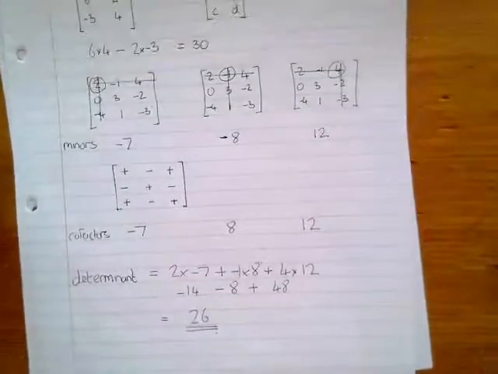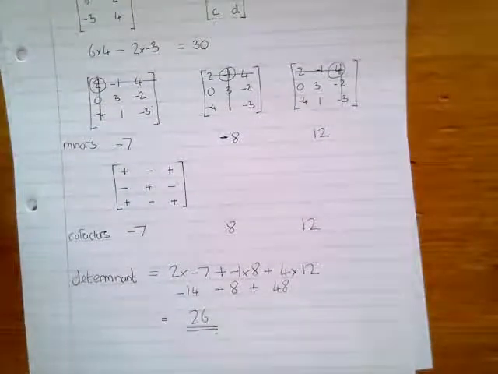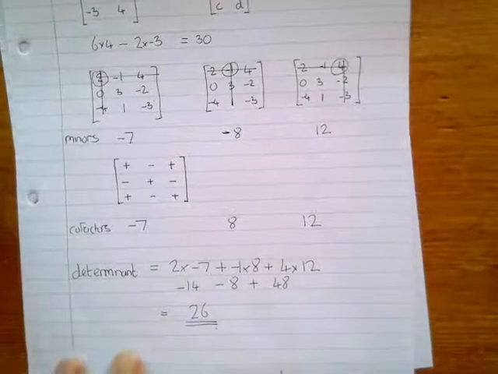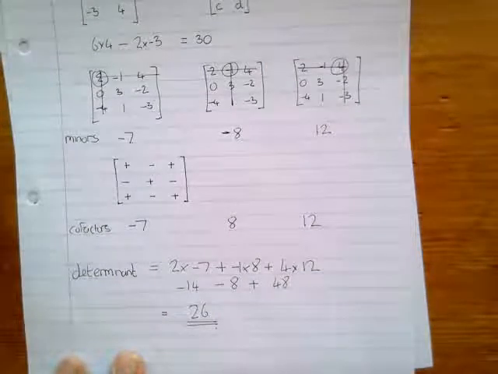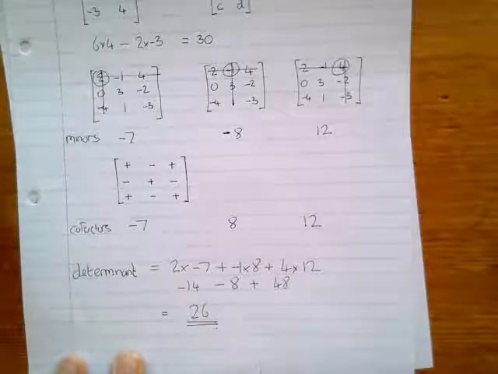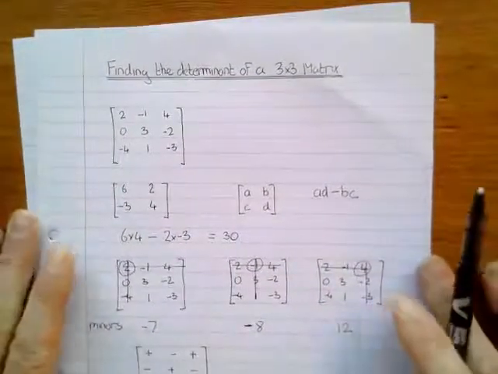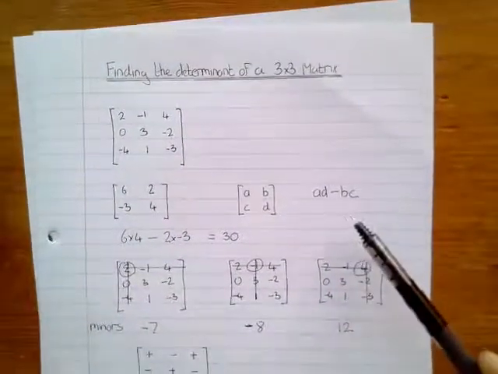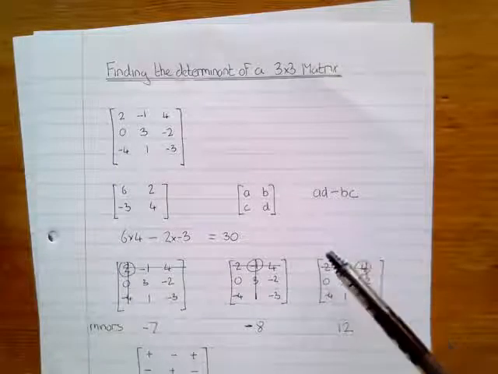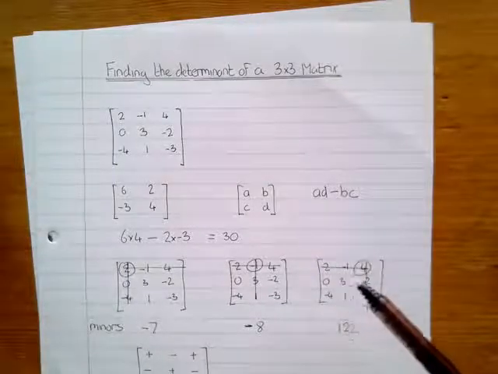What I said last time, really important to remember, is that that works regardless of the row or column that you choose to do it with. It actually says in the notes, if you read them, that you should try and choose a row or column that contains a 0, because that cuts down the amount of work that you have to do.